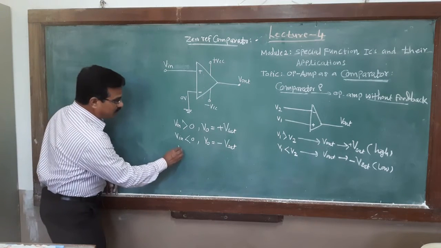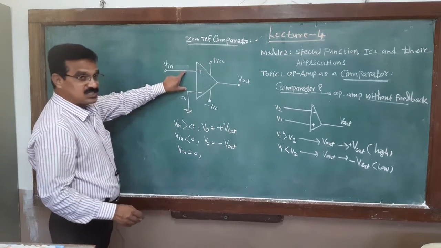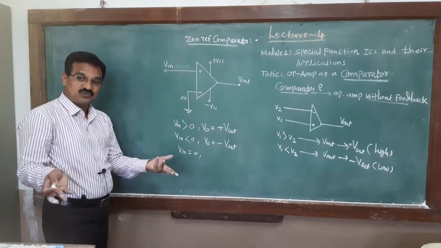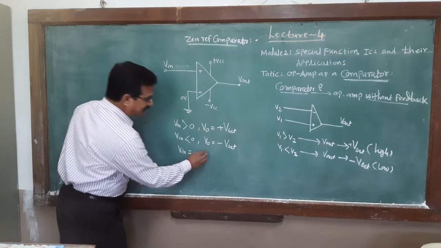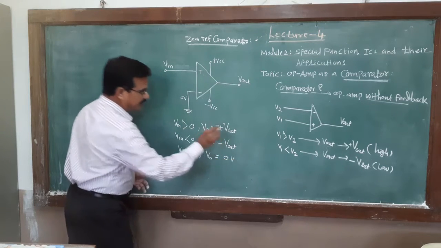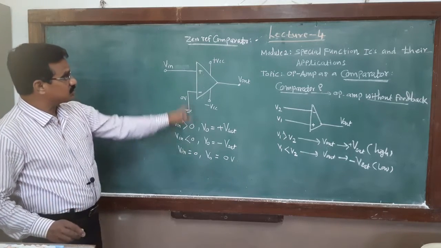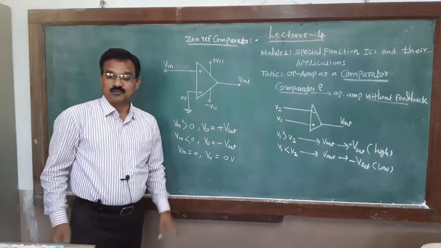And when the input voltage is equal to 0, both voltages are 0. What is the difference of these two? That is 0. And at that time, the output voltage is equal to 0 volt. Remember these three points for the zero reference comparator.